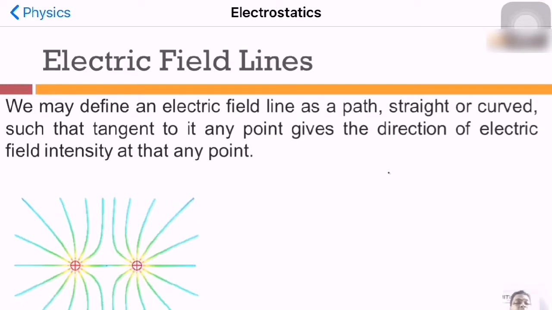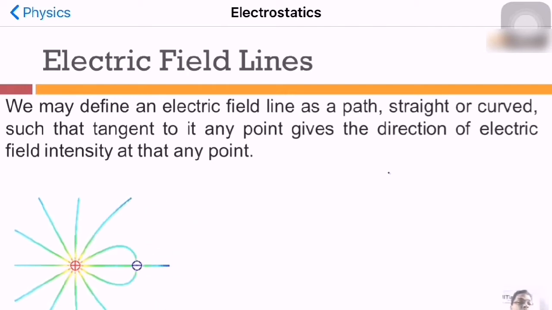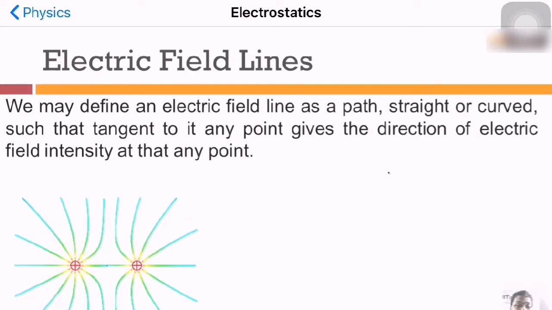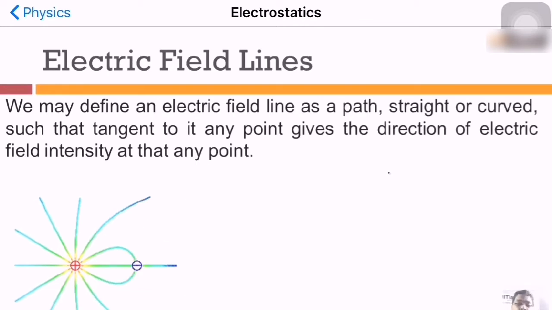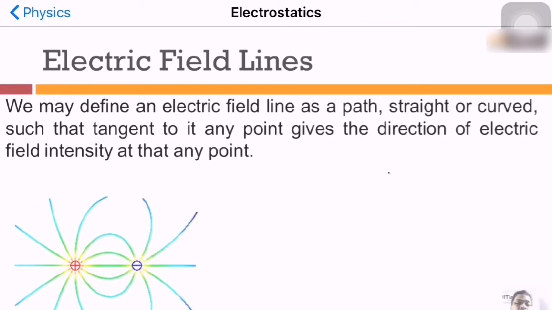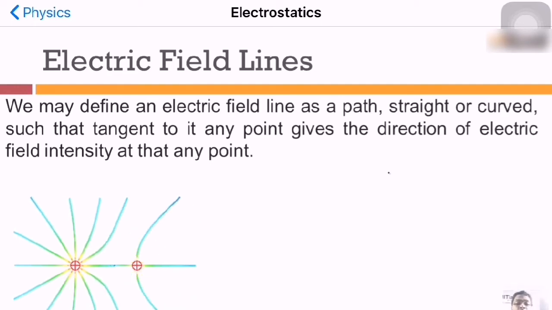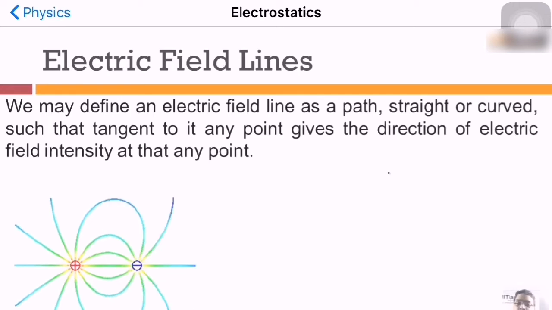Similarly, if you have positive charges, they are going to repel each other. Electric field lines are defined as a path, which can be straight or curved, such that if you draw a tangent anywhere on those electric field lines, that is going to give you the direction of the electric field intensity at that point. Electric field intensity means how much electric field is there at that particular point.